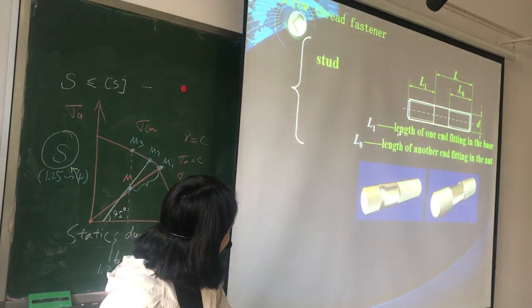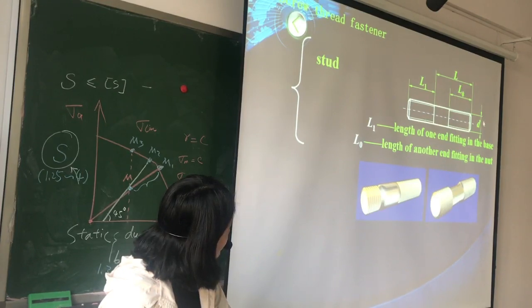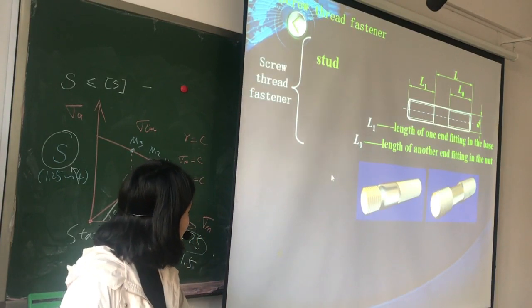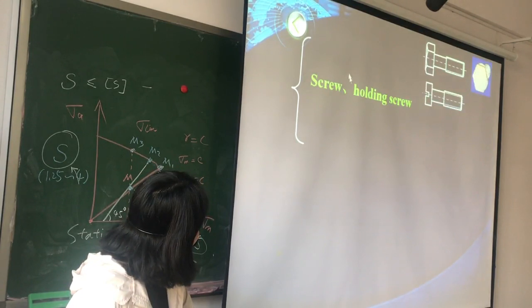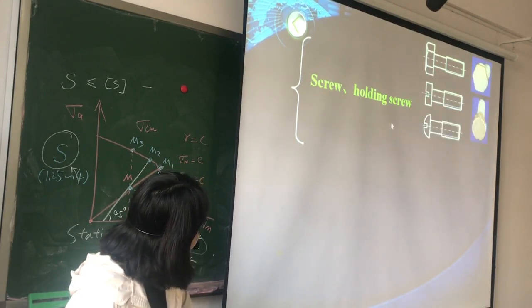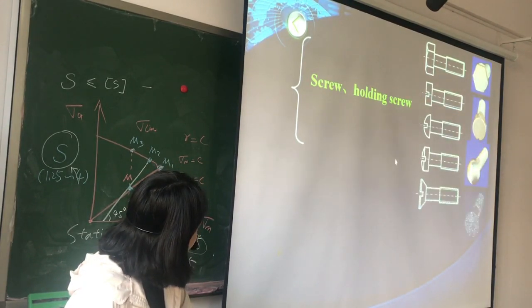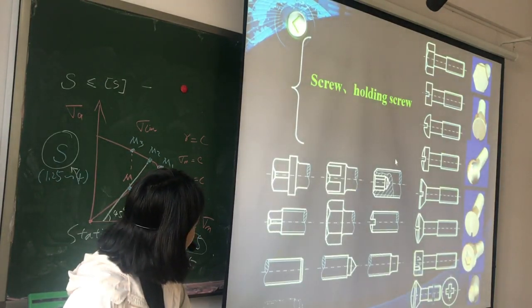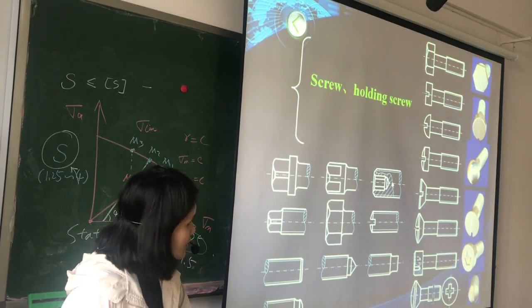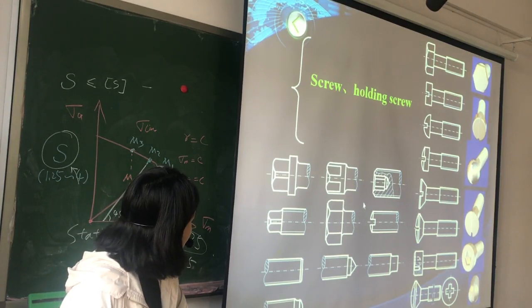And L1 is the length of the end fitting in the base, and L0 is the length of the other end fitting. This is for the screw. And there are many types of the screw. This is the head, and this is the end of the screw.